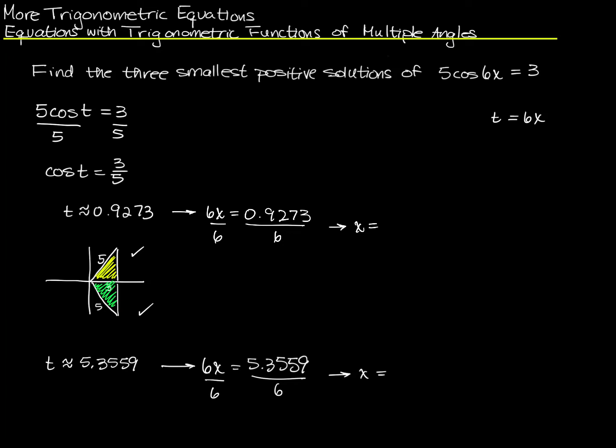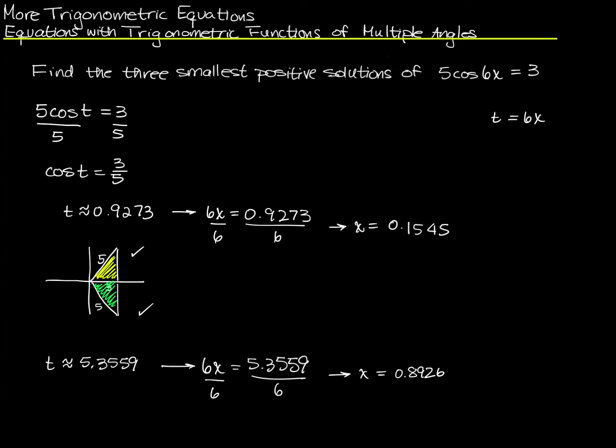So I'll take that 0.927295218, divide that by 6, and I get 0.1545. Do the same thing to my 5.3559, divide that by 6, and I get 0.8926.